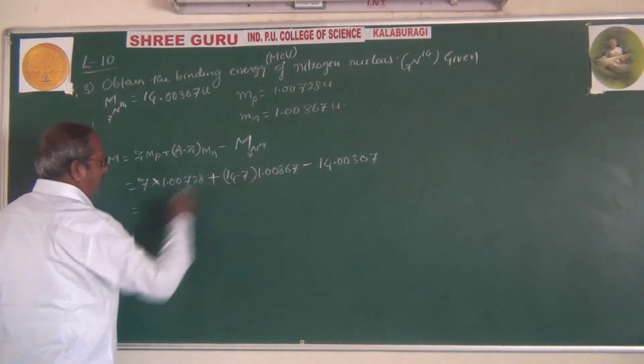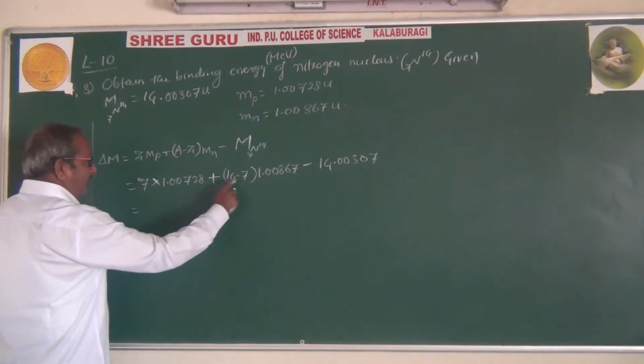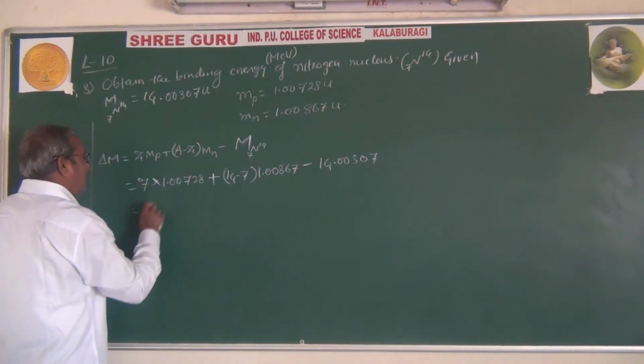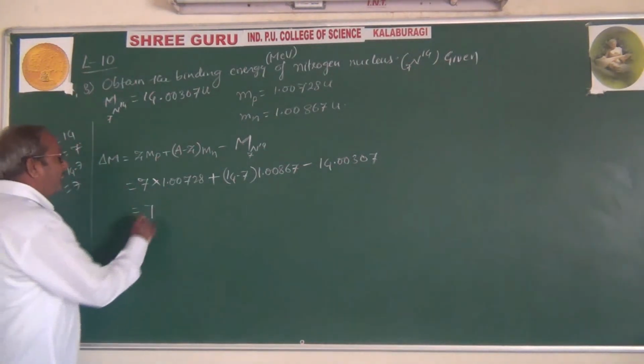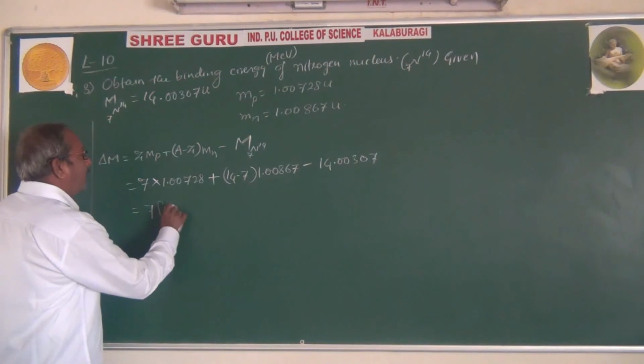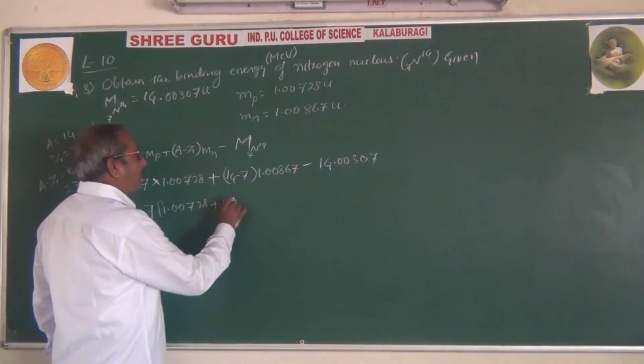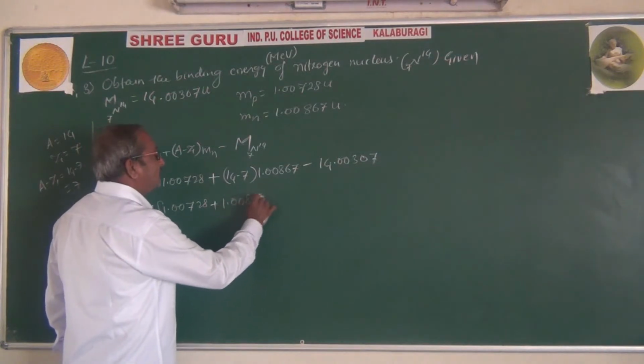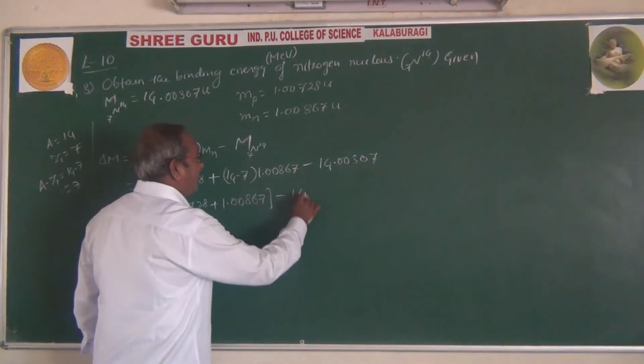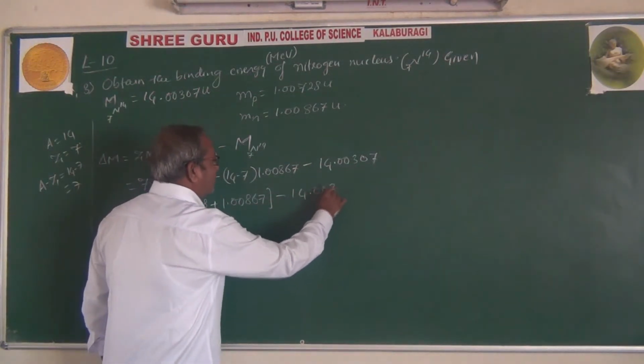Now multiplication. Here you will get 7, here also 7, so 7 is common: 7 times (1.00728 plus 1.00867) minus 14.00307.